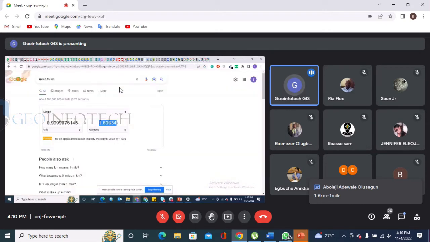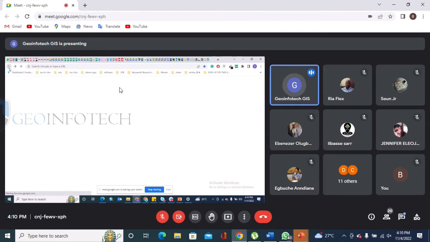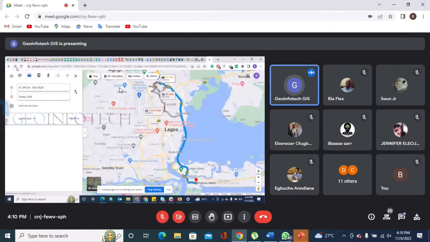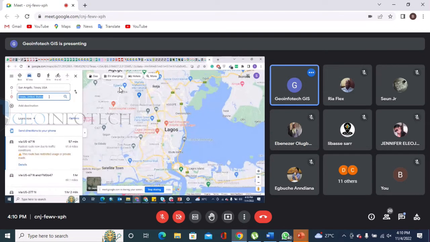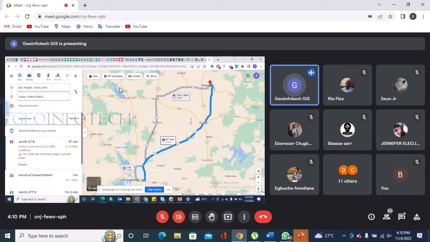So I'm going to be rounding up very soon. You can see everywhere is green. So even if we are following Google Maps, anywhere that is red, let's make it green. You understand? How can you make it green?